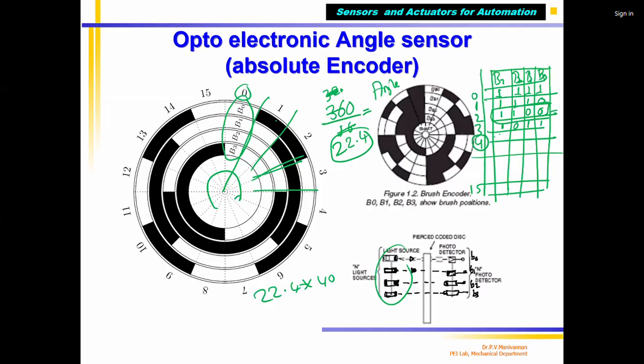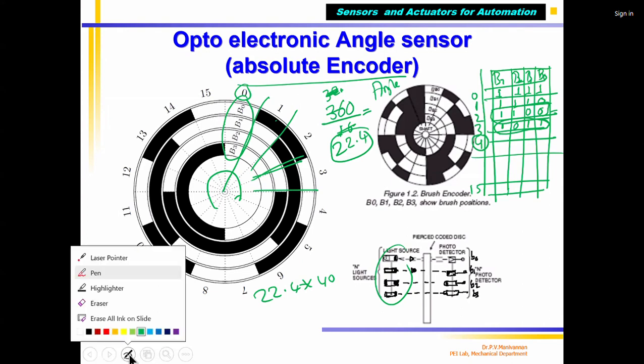It comes back, and still the encoder will generate these pulses. That means I am going to read the number directly. That's why it is called an absolute encoder. It is called an absolute angle encoder. Okay, this is how the absolute angle encoder works. Any doubt in this? If you don't understand, please ask, because I'm trying to explain.